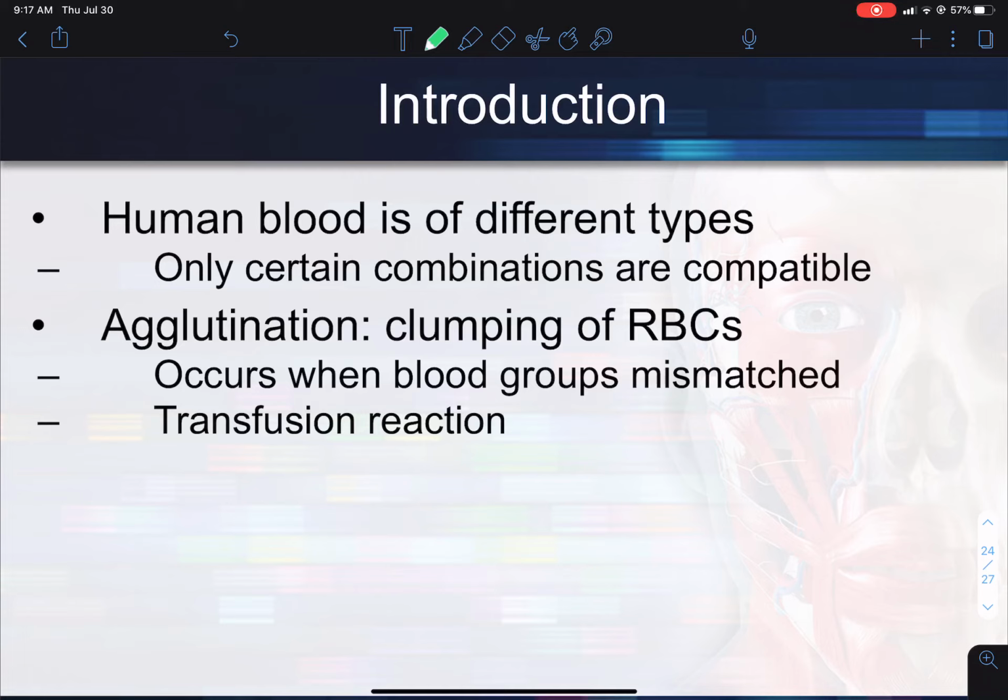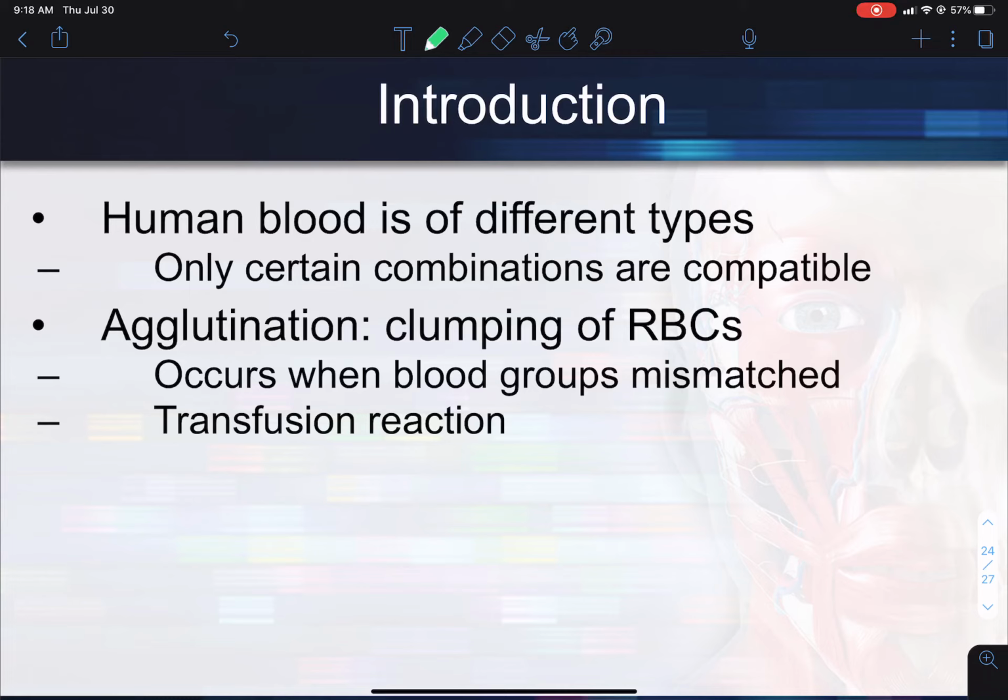We donate blood all the time, hopefully, and that blood has to be able to be recognized by the receiving recipient, right? We don't want the recipient's immune system to attack the donated blood. So there must be something about the red blood cell or the surrounding plasma that makes it either live in harmony with the recipient or not. And so that's why we're going to talk about why blood typing is important.